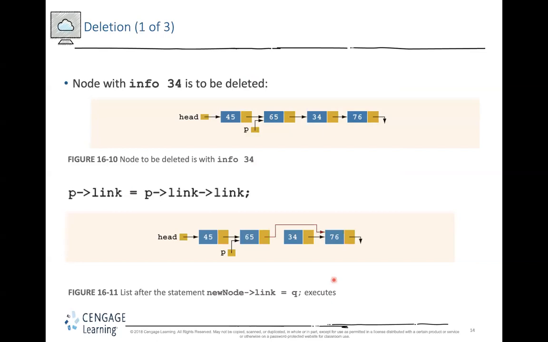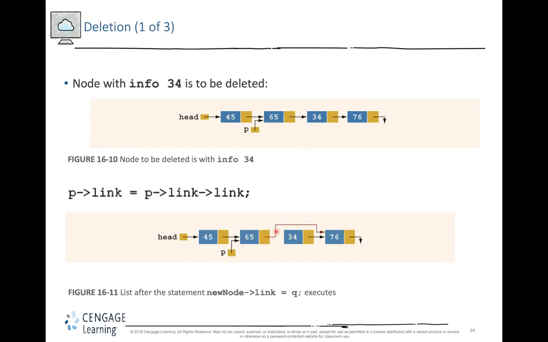Let's look at the deletion. It's fairly similar. Now, suppose the P pointer points to 65, and we just want to delete the node that's next to it, which is 34. And to do that, if this is gone, that means P arrow link needs to point to the node after 34.